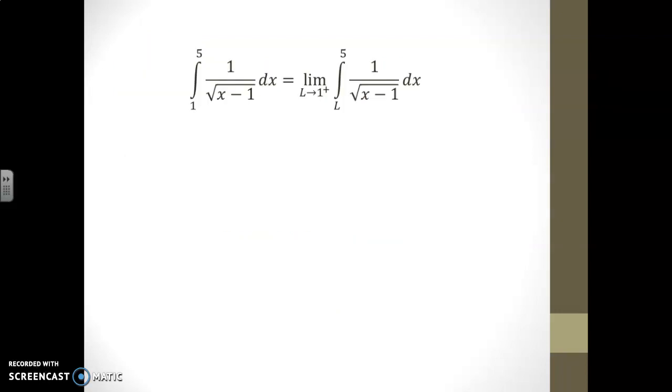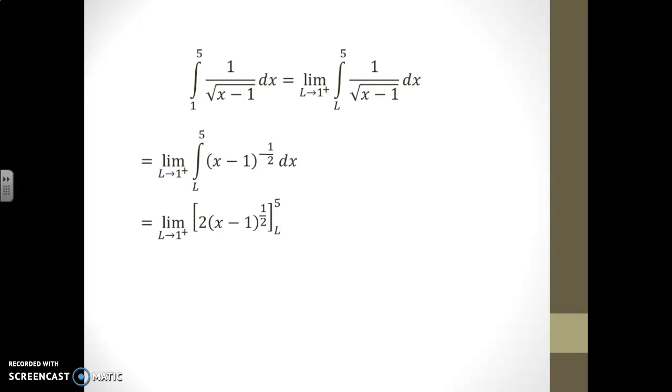Now, in terms of integrating, you would do the same steps as you would usually do. In this case, you can use the power rule, replacing the root of x minus 1 with x minus 1 to the minus half. The integral is the first step we'll have to accomplish before computing the limit. So 2 times the root of x minus 1 is an antiderivative of the integrand we started with.